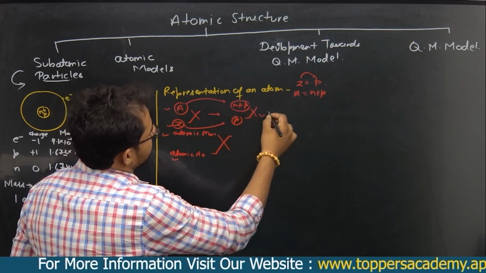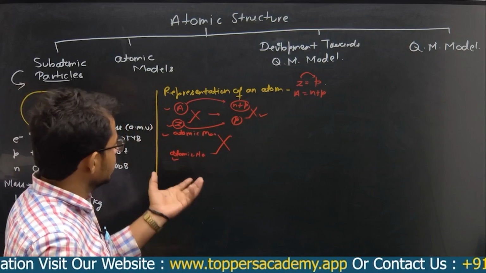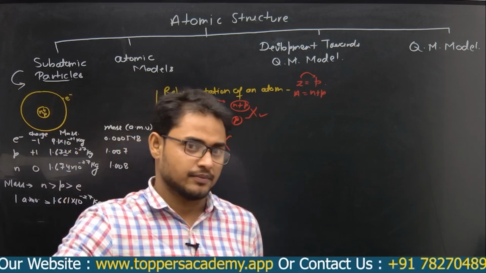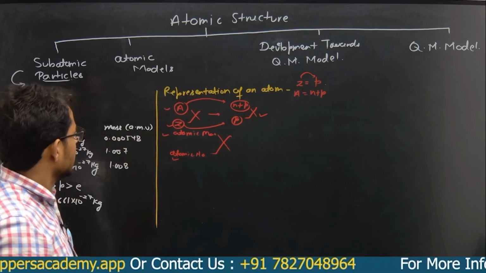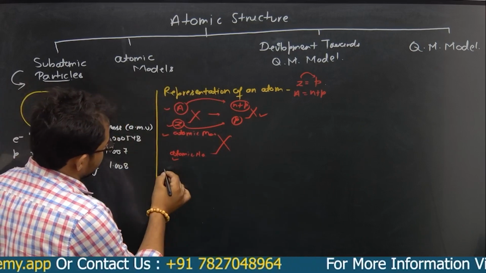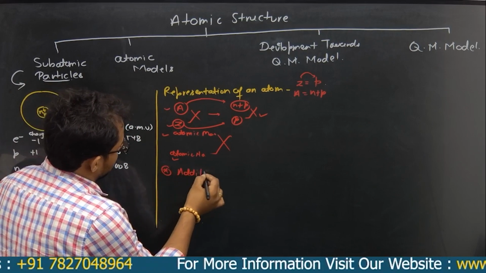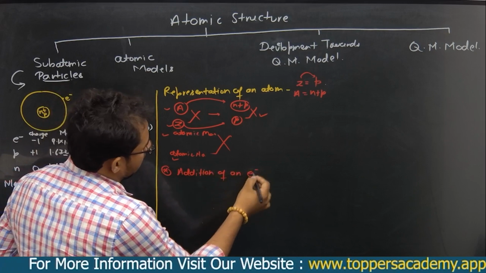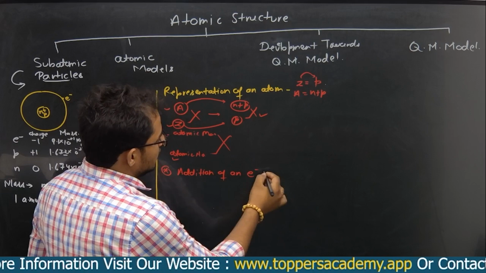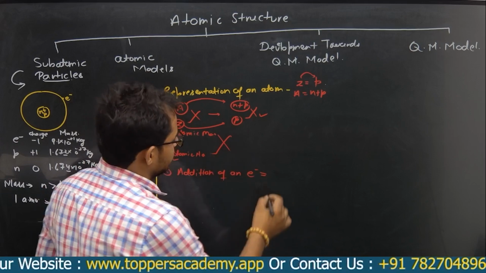So this is also a chemical representation, right? So this is how we represent an atom, okay? Now see some more basic terms. Let me tell you two basic points: the addition of an electron to an atom will make a negative charge on the atom.